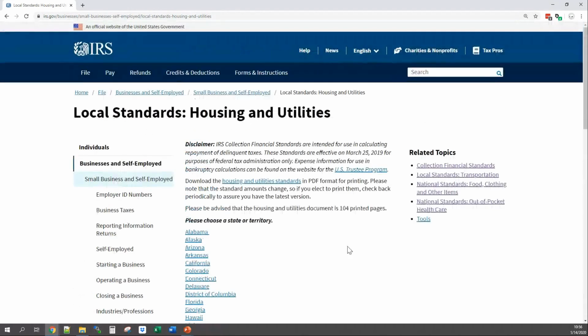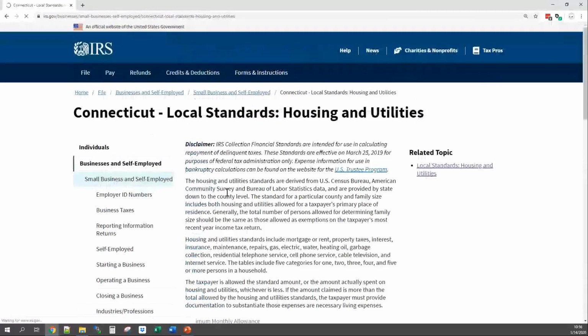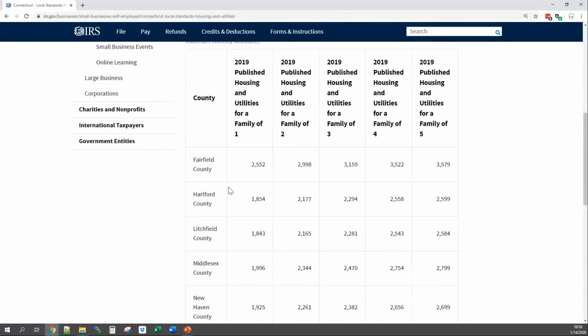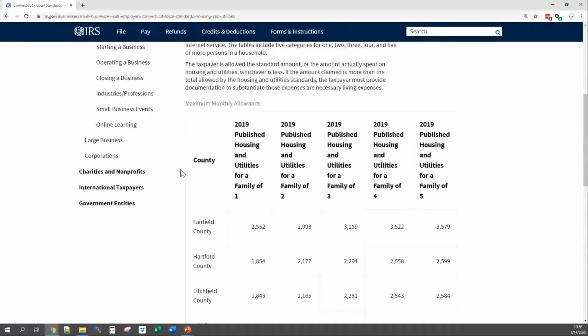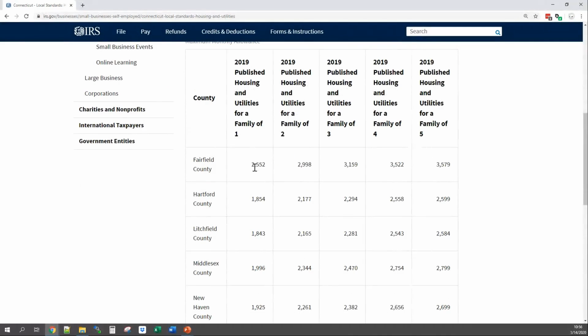So when you come to the local standards, you'll click on your state. Let's just take a look at Connecticut. What you're going to see is a table with each county in the state listed alphabetically, and then across the top, the numbers for households of various size. So in Fairfield County, Connecticut, I have no idea where that is, but it is obviously a high cost of living area based on these charts.